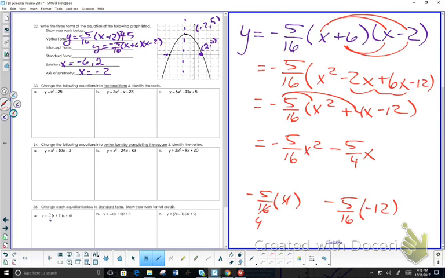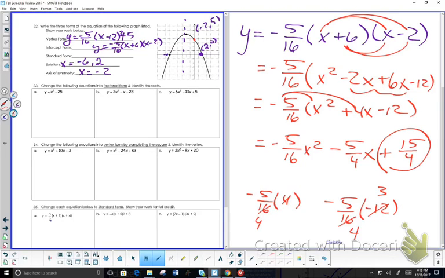Well, this will reduce: 4 will go into this 3 times, and 4 will go into this 4 times. So then I got -5 times -3, which gives me 15, over 4 times 1, so 15 fourths, okay? That would be just a really ugly number. And if you look, remember, this is your y-intercept, right? So take a look at what we have going on right here. It's just above being 4. And that would be your standard form that you could plug in, okay?